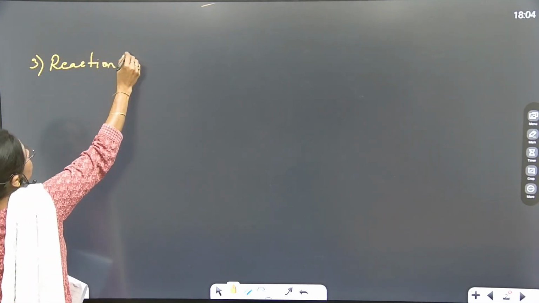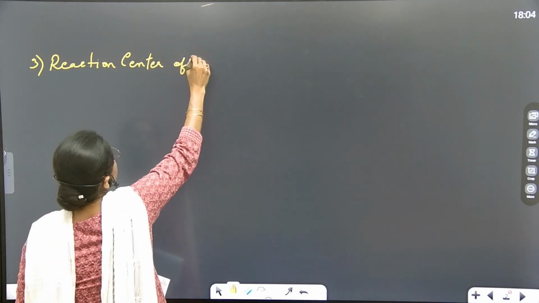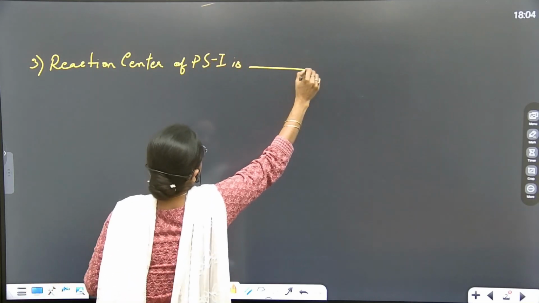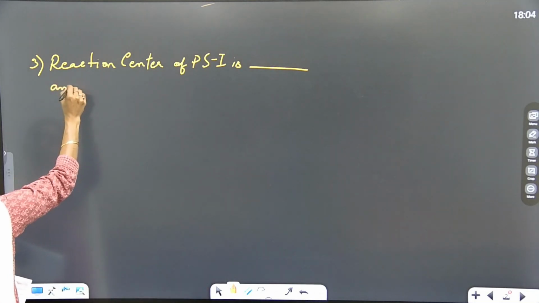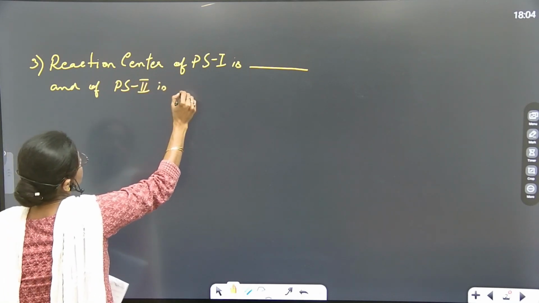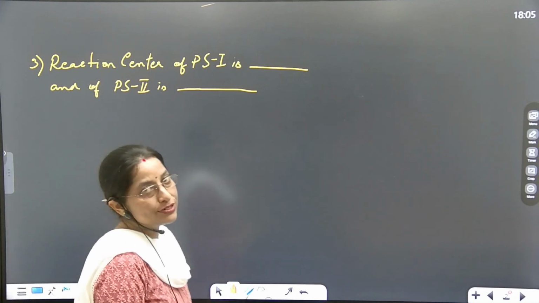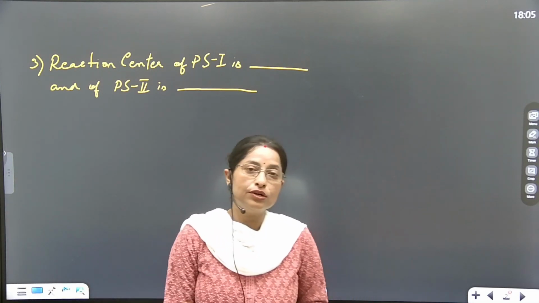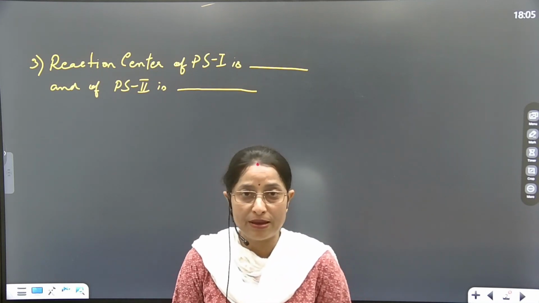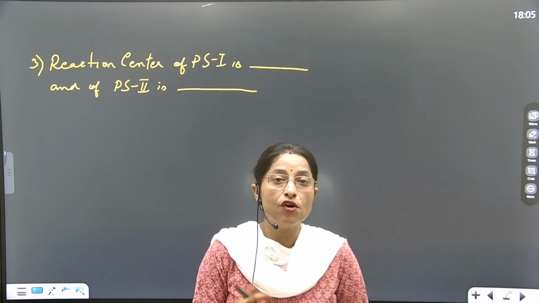Remember this word. So the question is about the reaction center of PS1 and PS2. What were PS1 and PS2? The two groups of pigments that are involved in the light reaction. And when we talked about the group activity, if you remember, we discussed the presence of a very important member who forms the reaction center.